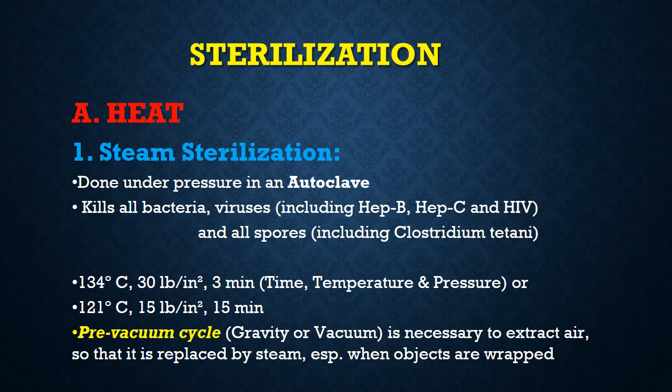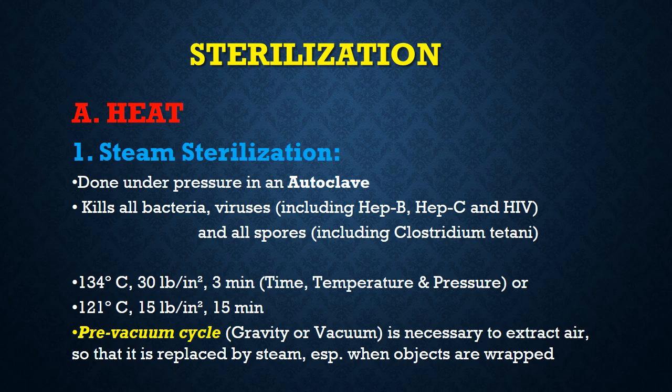So steam sterilization is done under pressure in an autoclave. Autoclave is like a big, huge pressure cooker where the water chamber is separated from the instrument chamber where the sterilization is intended, and not the boiling water, but only the steam reaches that instrument chamber, and the build of the autoclave is such that it can sustain a lot of pressure.